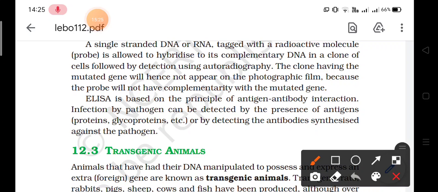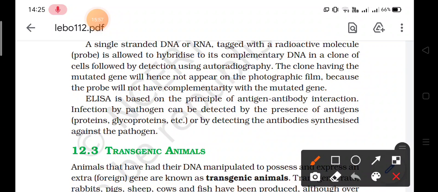Infection by a pathogen can be detected by the presence of antibodies. Now our body will produce antibodies, and by using this ELISA test, if our body has those particular antibodies for a particular disease, it means our body is suffering from that disease. And if those are not in our body, it means we are not suffering from that disease.